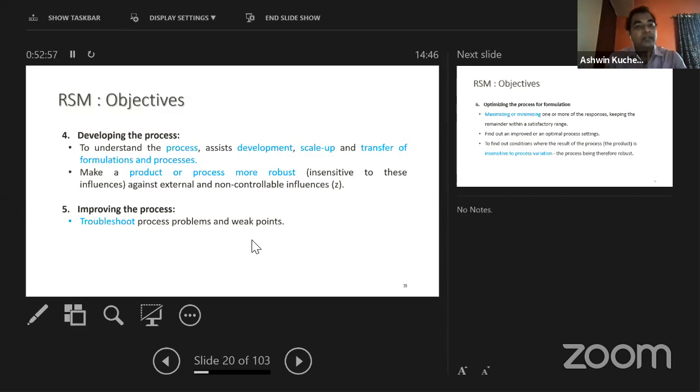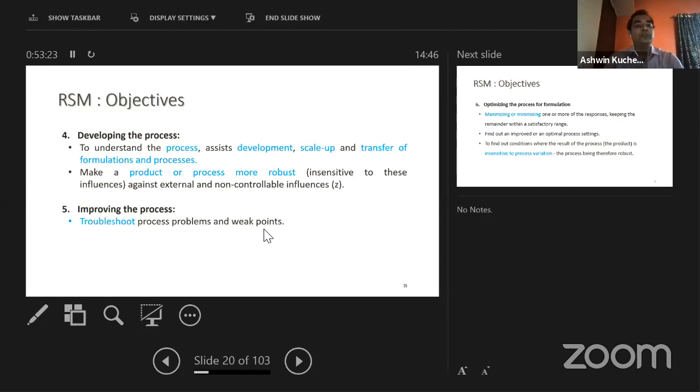One is a manufacturing process, and the other is where we say it is transferring the input to output. So there are two different process terms which we'll be considering here. Improving the process means we will be troubleshooting, focusing on process problems and weak points, which will help us neglect the uncontrollable factors and take into consideration the controllable factors. So these are the objectives.